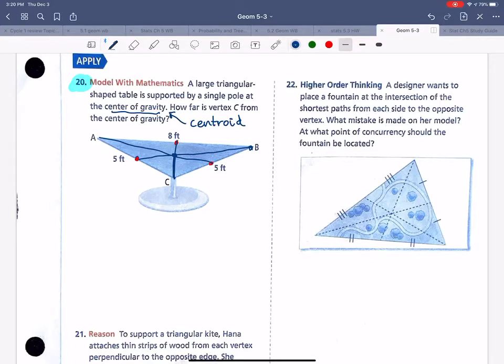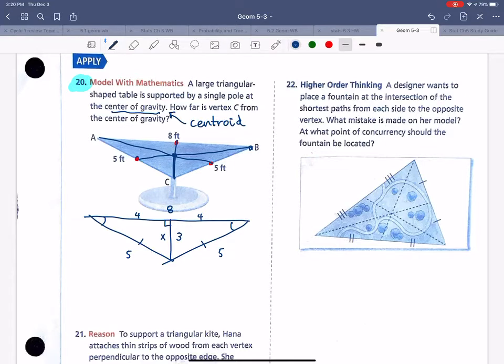Well, this is kind of a cool question. We know that this is 8, and we know this is an isosceles triangle, 5 and 5. So we actually know these angles are equal. And we also know that's 4 and 4. So I actually know this is 3 using the Pythagorean theorem. That's a really popular triangle.